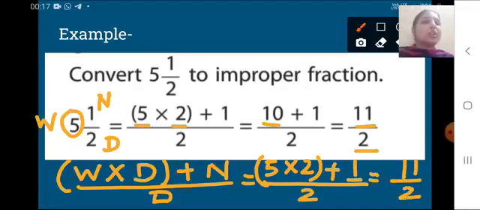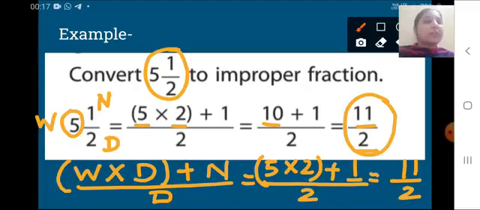There you can see we have converted this mixed fraction into an improper fraction. Why improper? Because here the numerator is greater than the denominator. So just remember this: first we multiply the whole number by the denominator, here 5 by 2, and then we simply add the numerator 1 to it, and then we write the denominator just below that, and after the calculation we get the mixed fraction as an improper fraction.